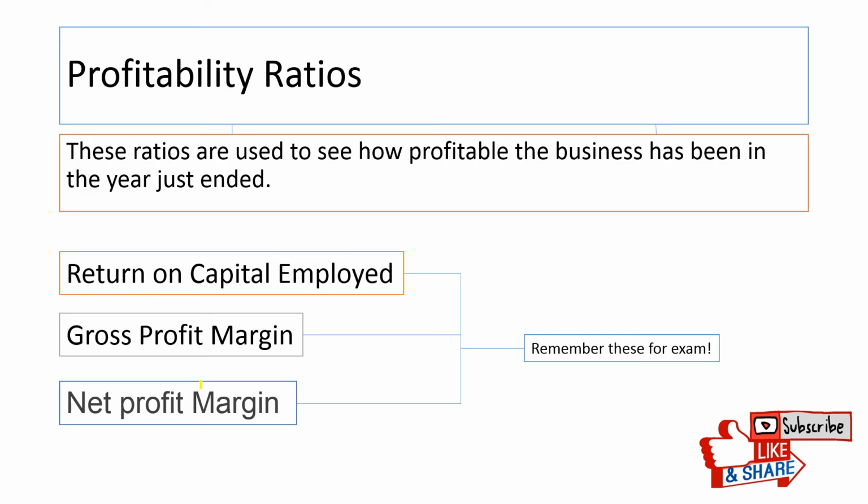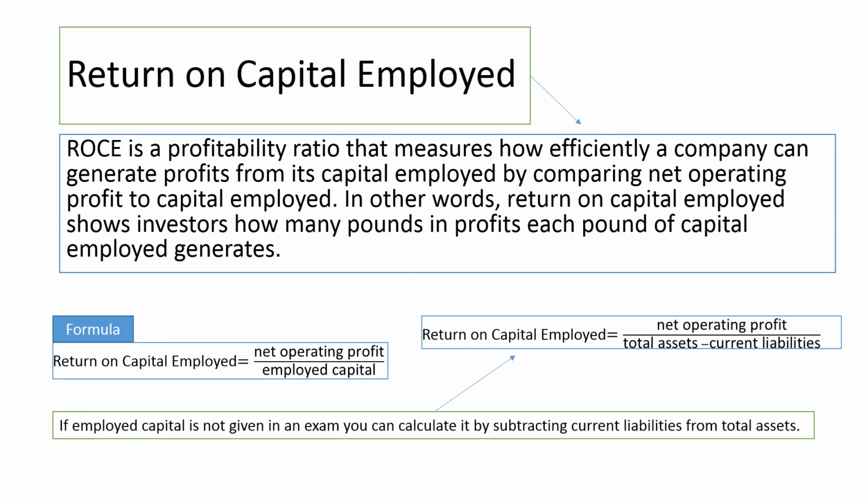There are three formulas that we can use to see this information: return on capital employed, gross profit margin, and net profit margin. You need to remember these for your exam. We will explain each in a bit more detail so that we understand what each is.